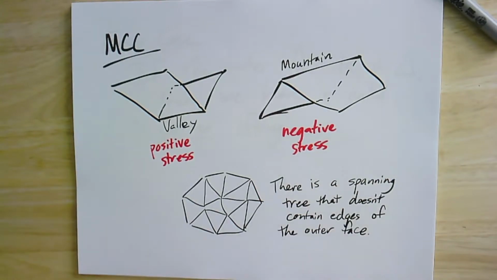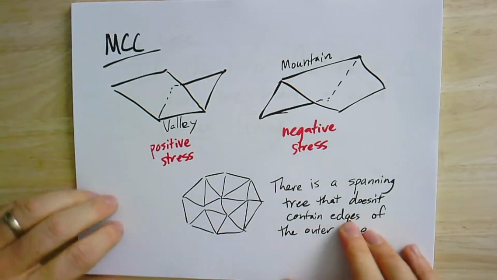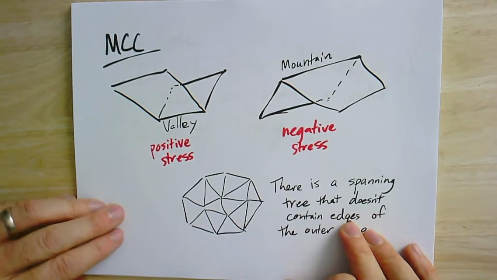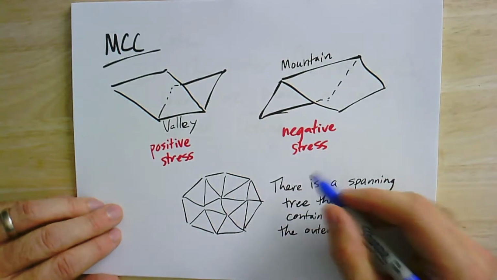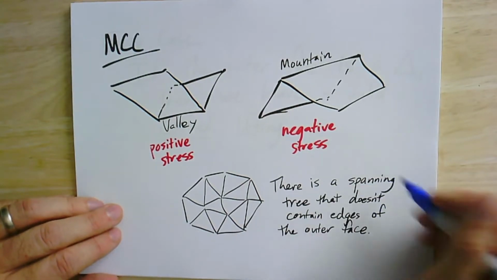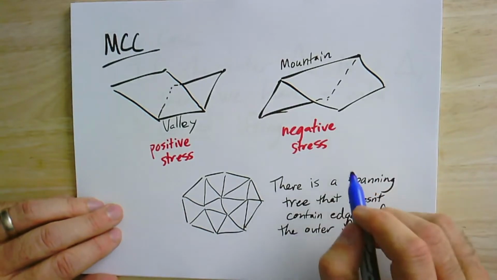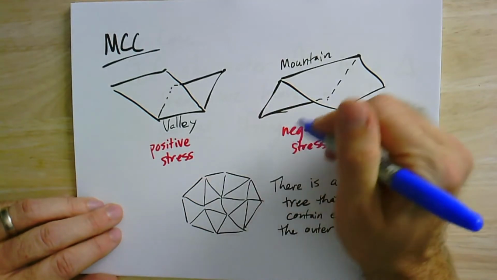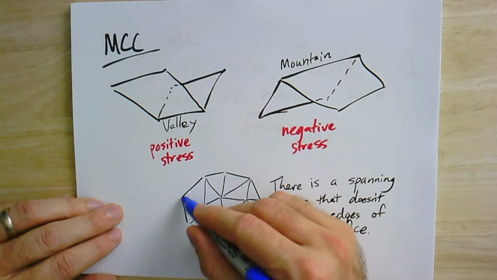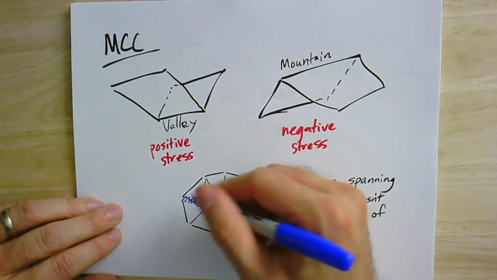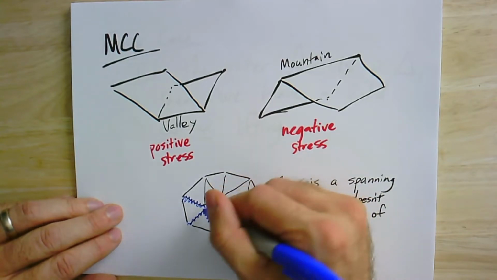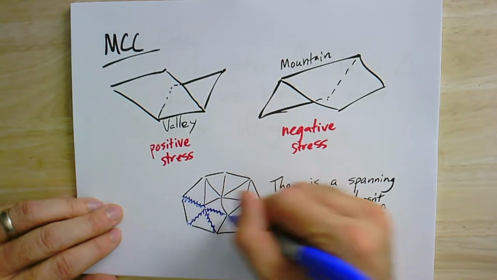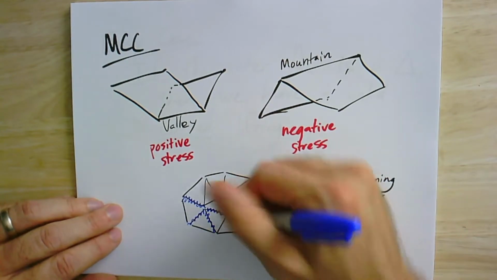So if I try to use my standard approach of solving a linear system in order to find the lifting, one thing you might remember is that I only need to solve it on a spanning tree. And there is a spanning tree here that doesn't use any of the edges of the outer face.